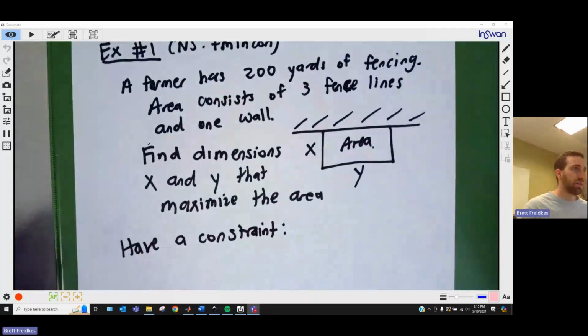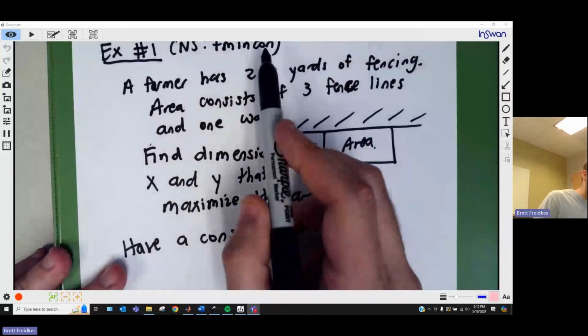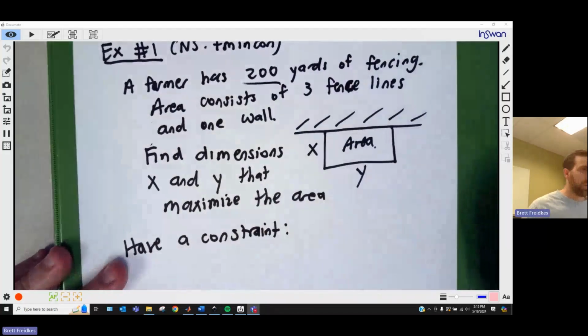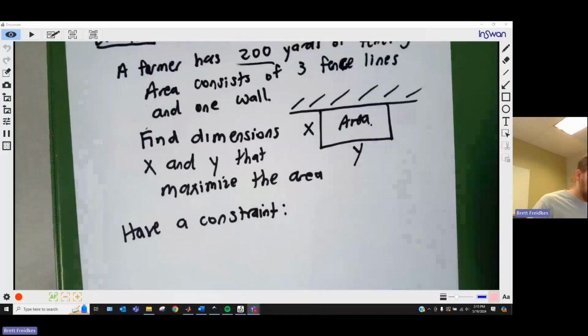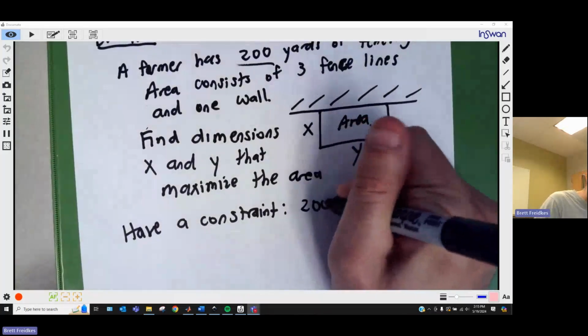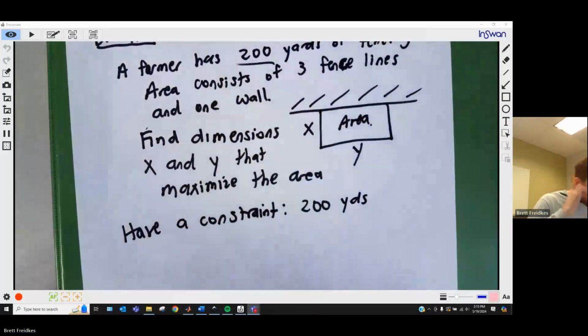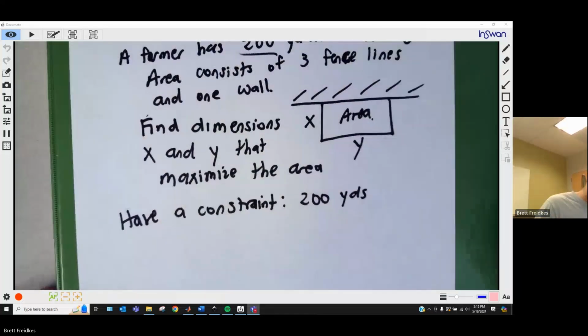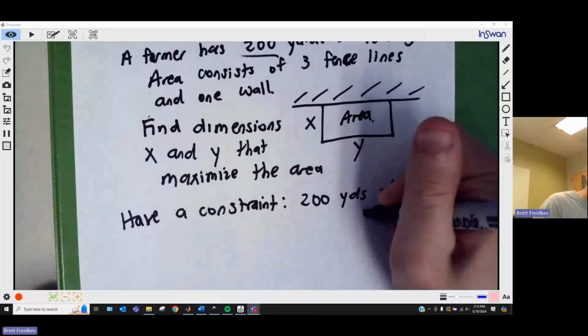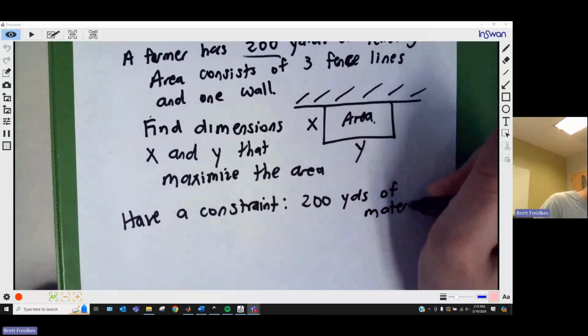Our constraint in this problem is what? Well, the constraint is that we only have 200 yards of fencing, of material, let's say, or of wood or something.